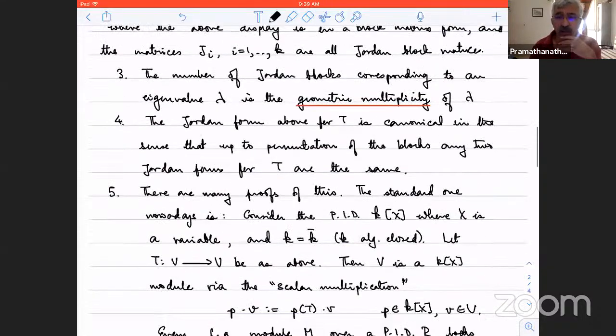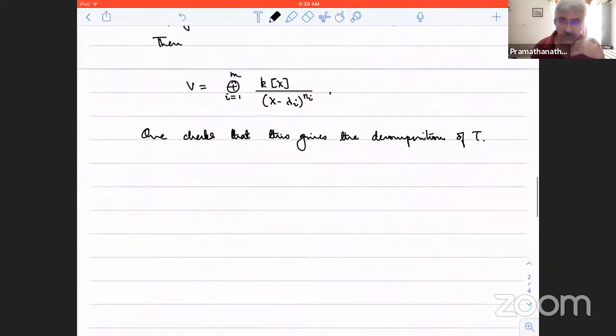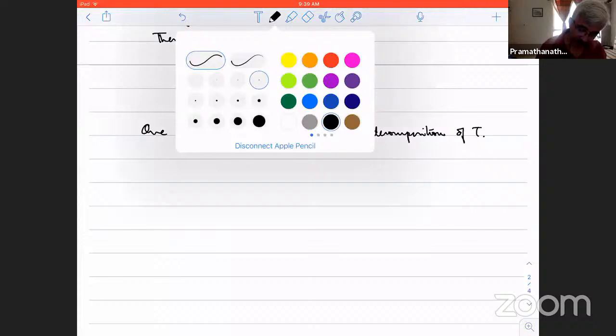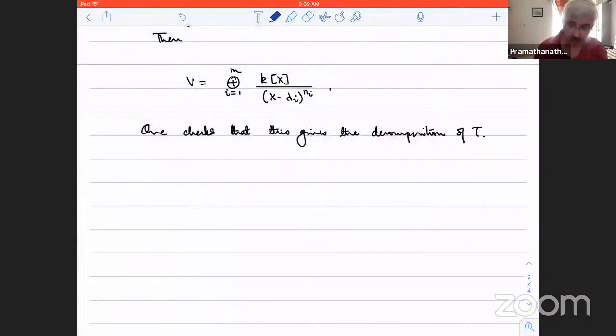But we are not working on an algebraically closed field. So I want to talk a little bit about the real Jordan canonical forms. Okay, why are we doing this? It is for a good reason, because I know that solutions of linear differential equations with constant coefficients, of the form x dot equals Ax, where A is a constant matrix, are of the form e to the power tA.